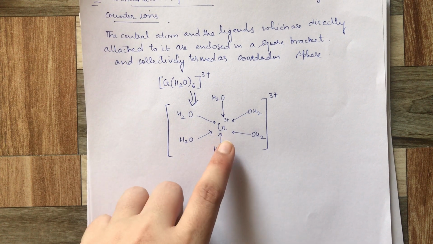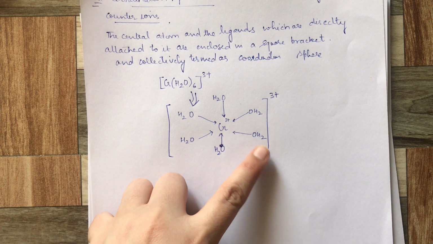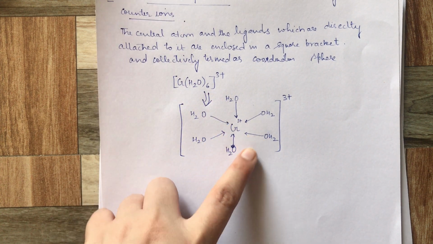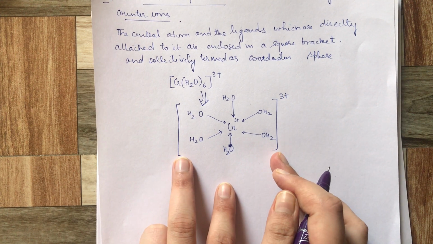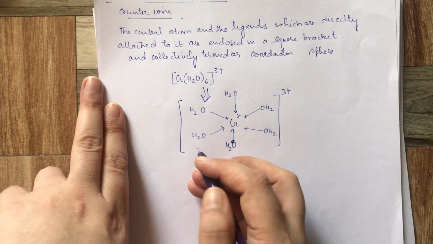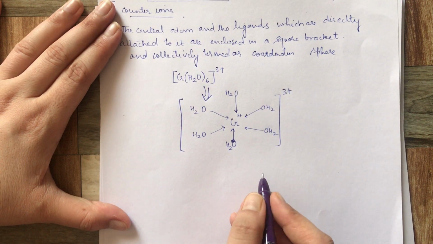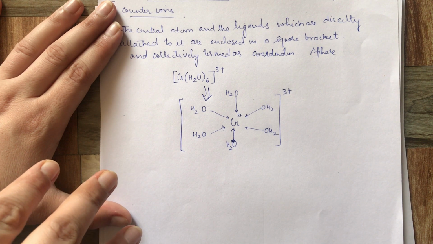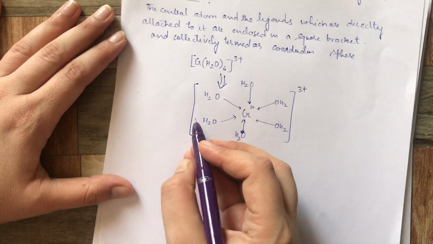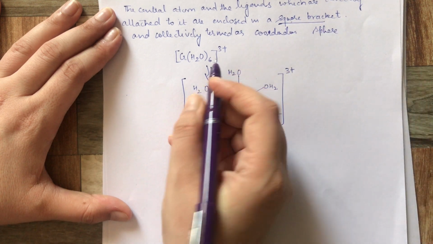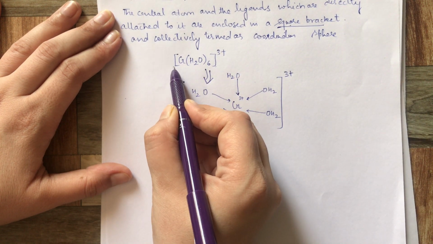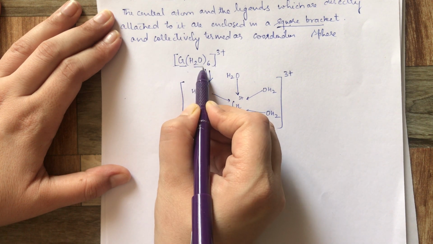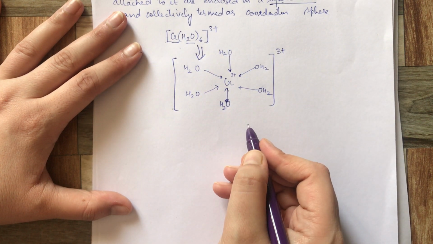So pay attention: the metal ion surrounded by the ligands through coordinate bonds is enclosed in a square bracket, and this whole is called the coordination sphere. The sphere means the entity in which only the coordinate bond is formed, right? Inside the square bracket there is the metal and the ligands. So this is the coordination sphere.